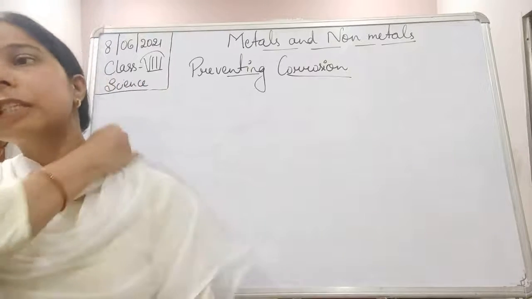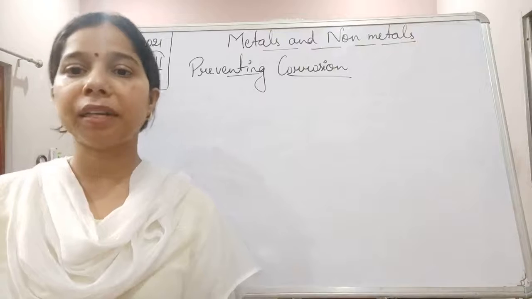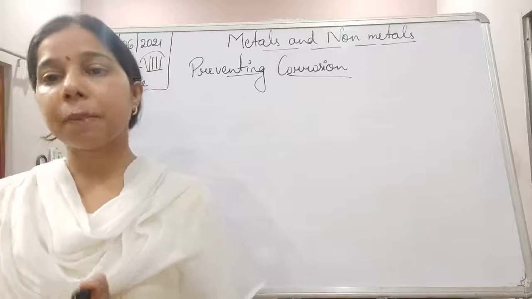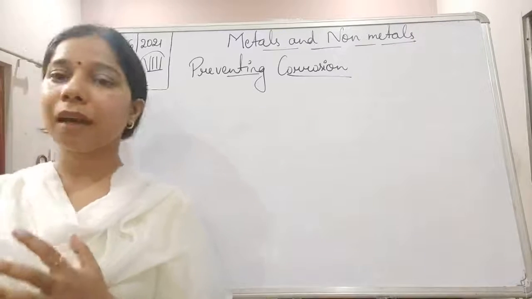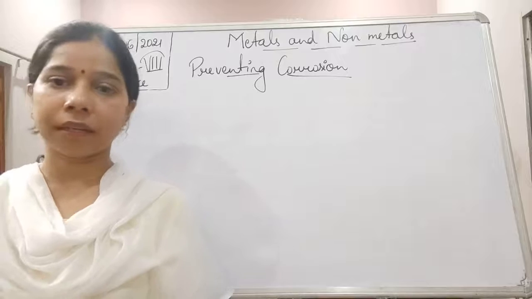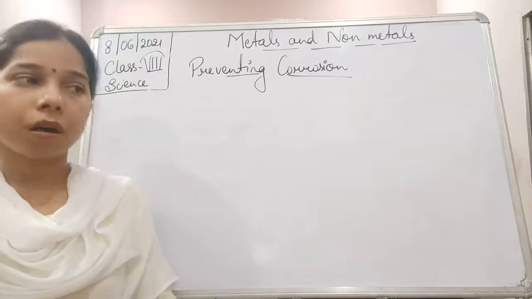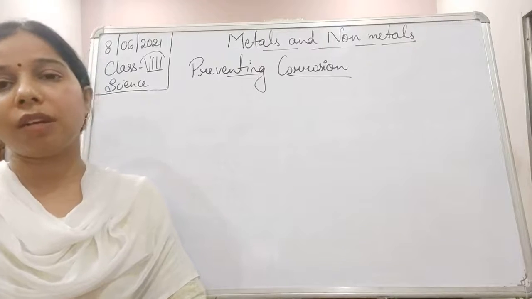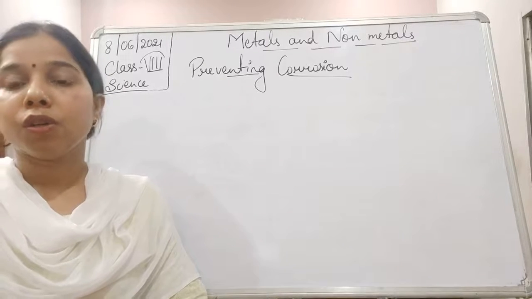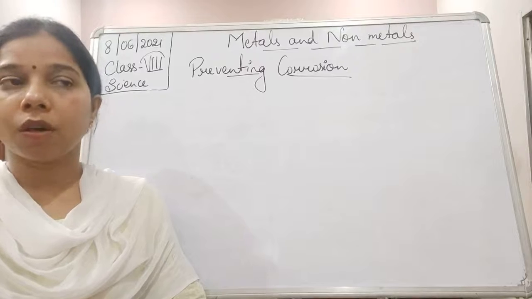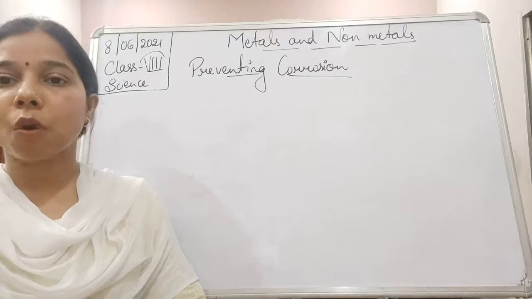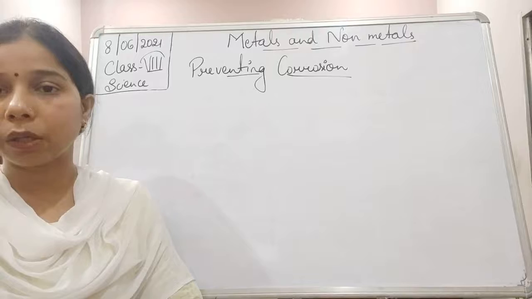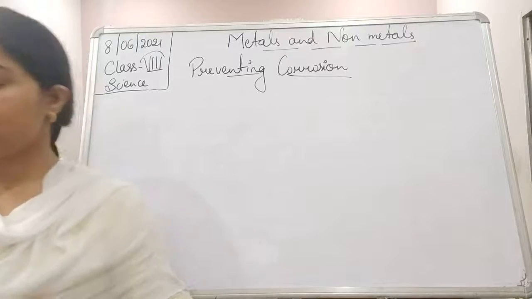This creates a surface layer on the metal, due to which it does not come in direct contact with oxygen, and finally no oxide formation or corrosion will occur. So the use of paint, varnishes, oil or grease is a good way to prevent corrosion, student.